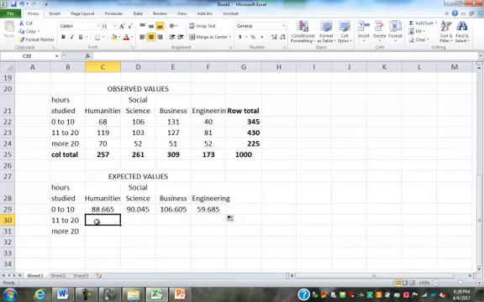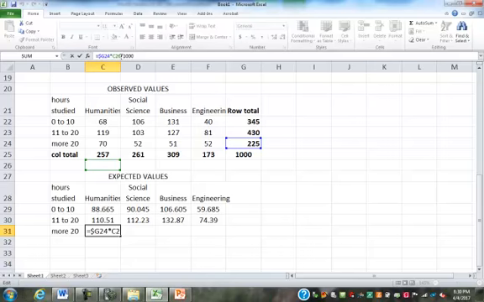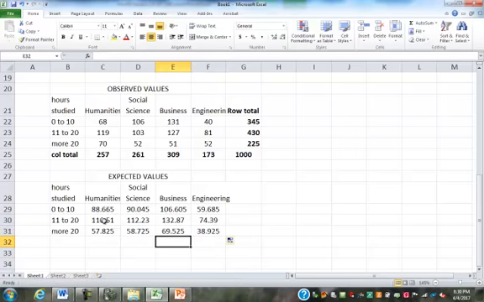That should give me my expected values there, and here, and here, just using the Excel functions.